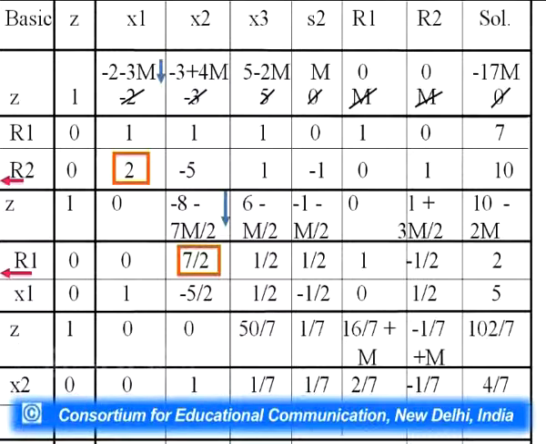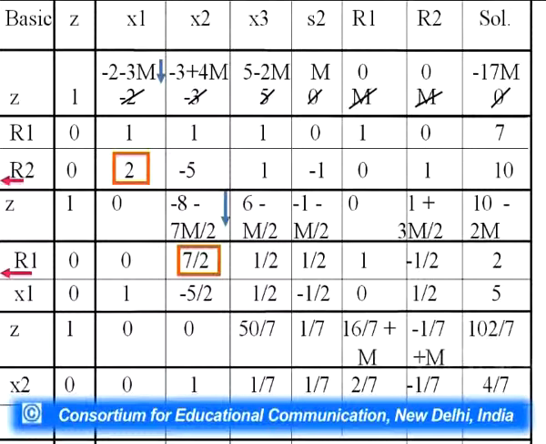In the Z row, again the step we did in the first phase of calculation, that is the value of the cell under x2 in the Z row is to be brought to 0. That has been brought to 0 as shown in the slide also, and other values are 50 by 7, 1 by 7, 16 by 7 plus m, minus 1 by 7 plus m, and finally 102 by 7 in the solution column.